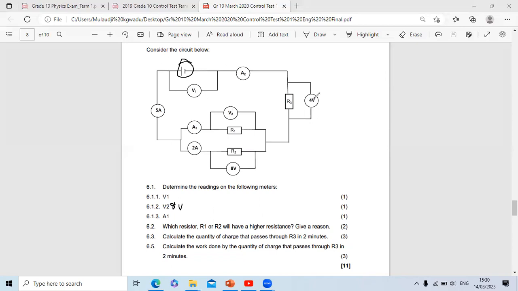So you're going to add this 4 with this 8 to get the reading on voltage on V1, because this is the reading for the battery only. So from this, we know that we have a 12-volt battery, and the reading on V1 is going to be 12 volts.